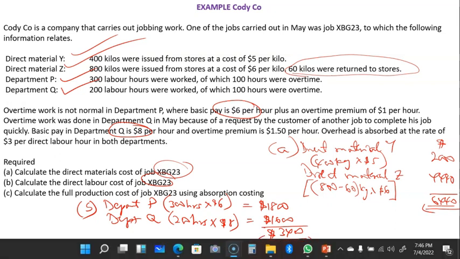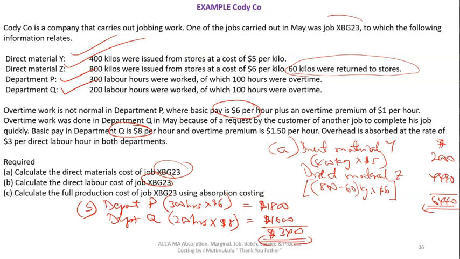So although it was done in May, we also have to understand that it was done for another job. So the premium component does not affect this particular job, the job XBG23.